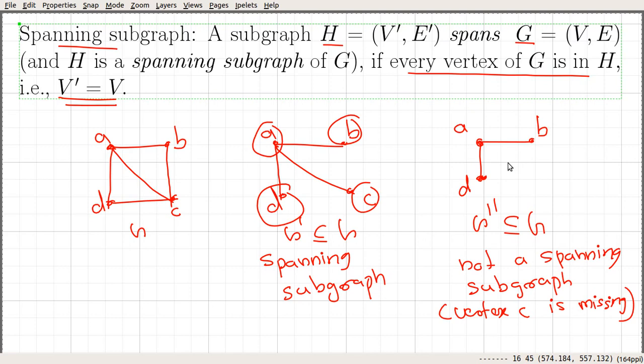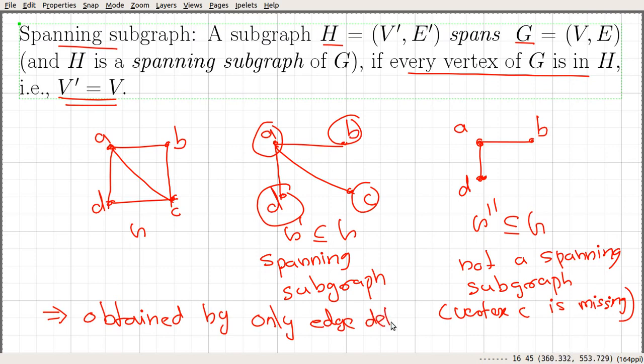Okay, and here again we can observe something. A spanning subgraph is a subgraph obtained by only edge deletion. So if we take a graph and only delete some edges, then we get a subgraph, and that subgraph is going to be a spanning one.